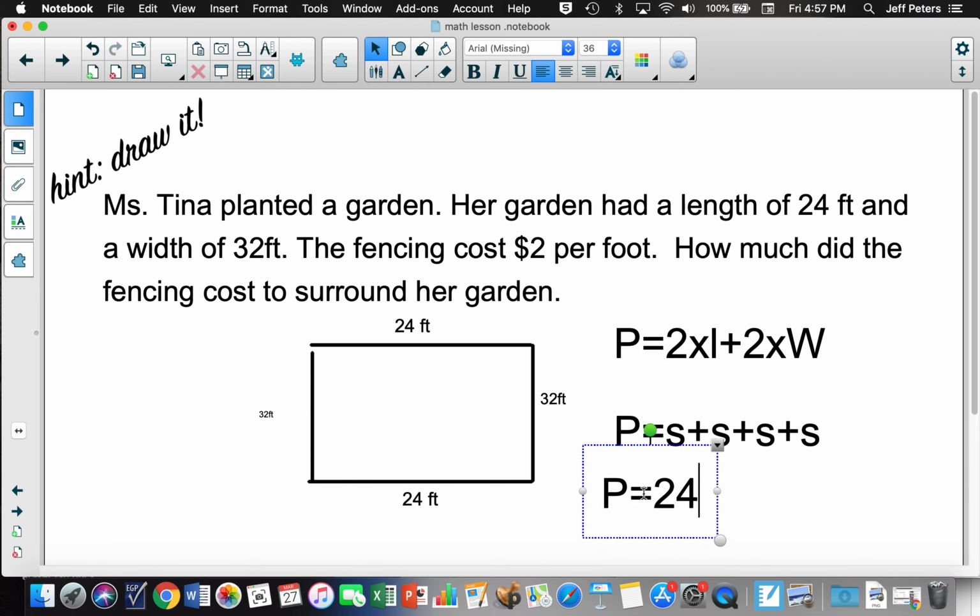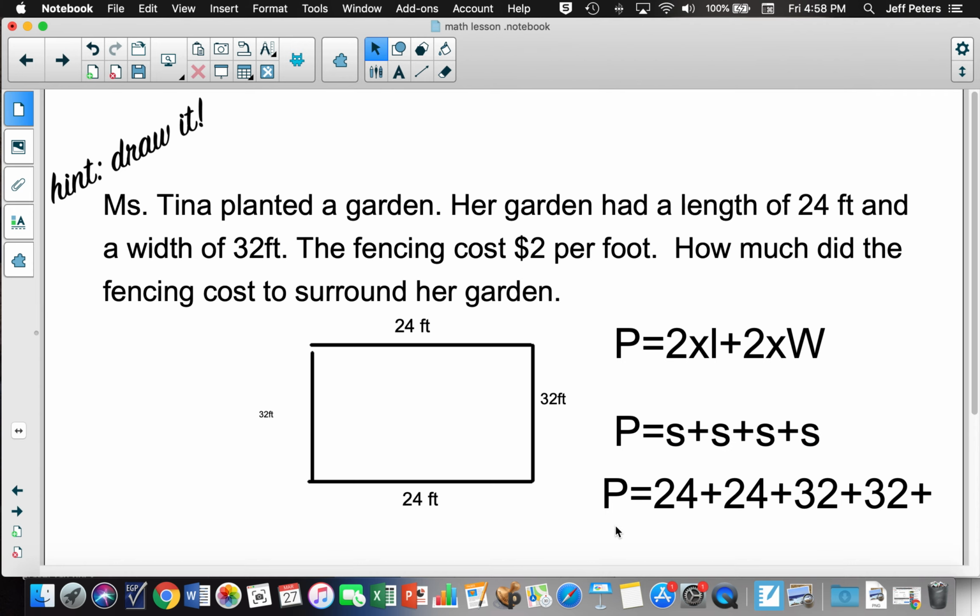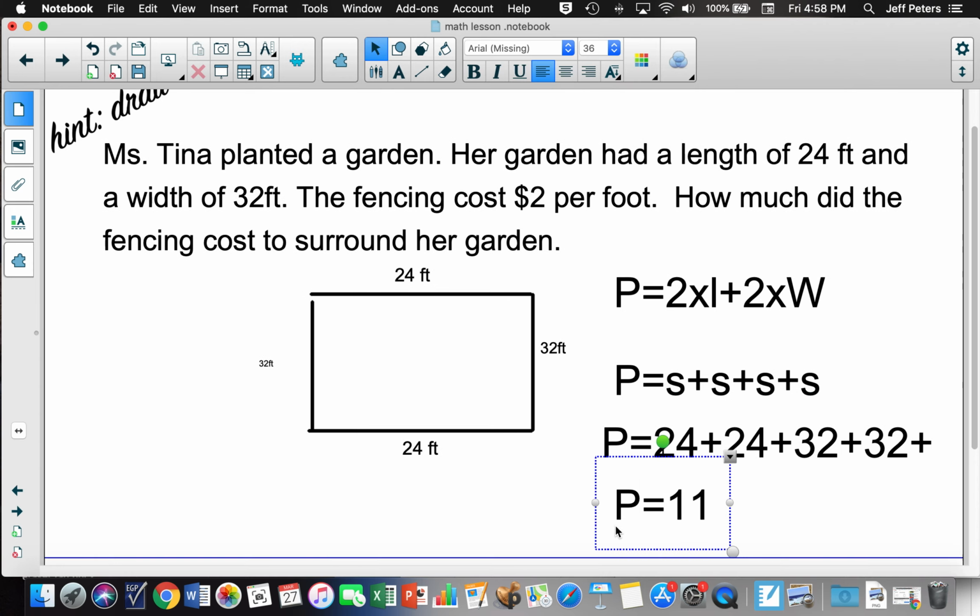So we have 24 plus 24 plus 32 plus 32, which comes out to be 64 plus 48, which gives us 112. So the perimeter of her garden is 112 feet.